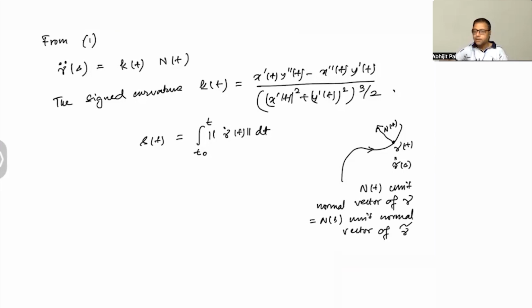So what is gamma tilde? Gamma tilde is the arc length reparameterization of gamma.